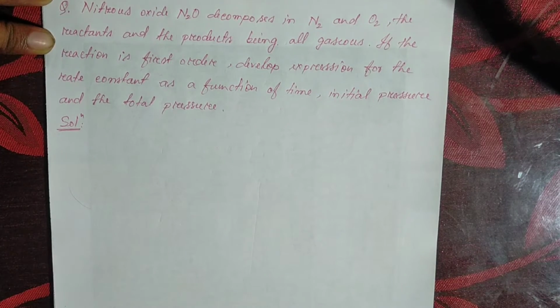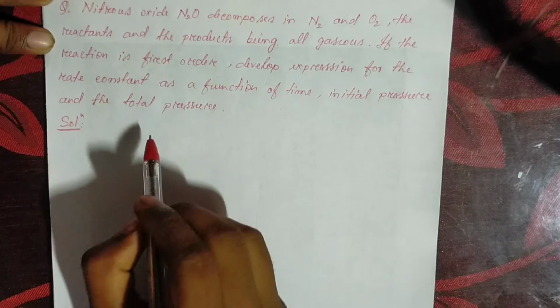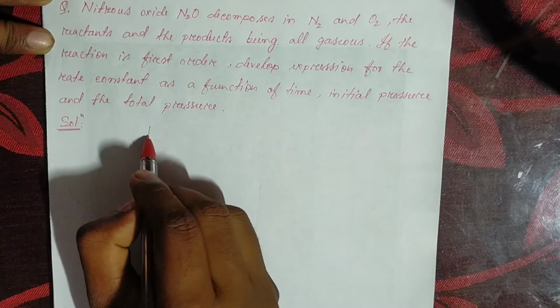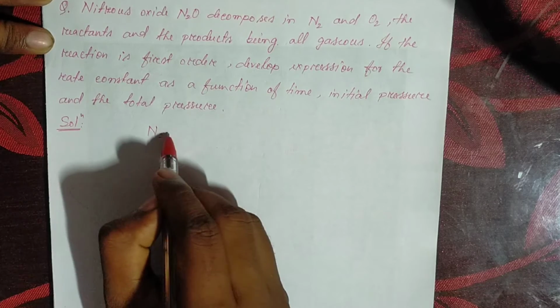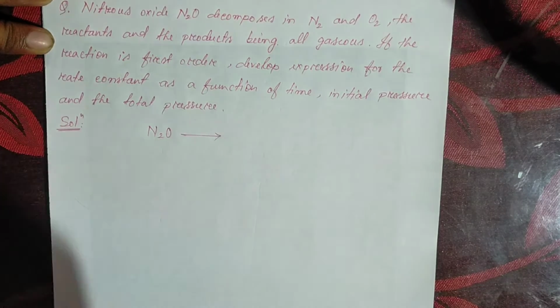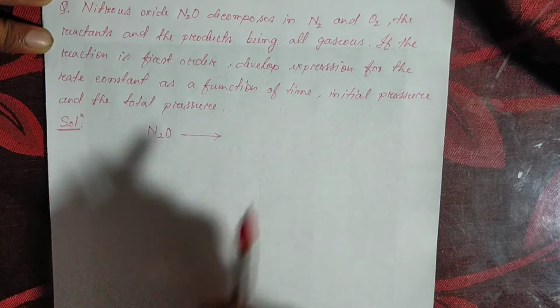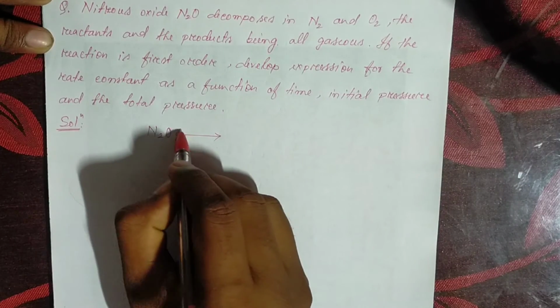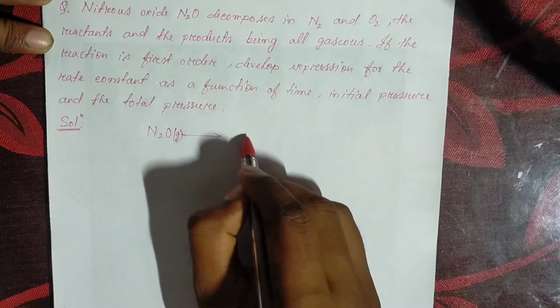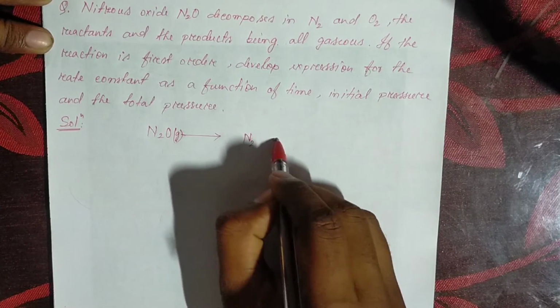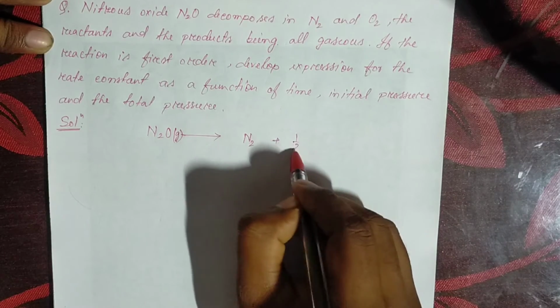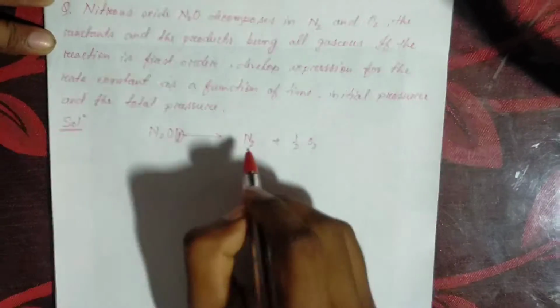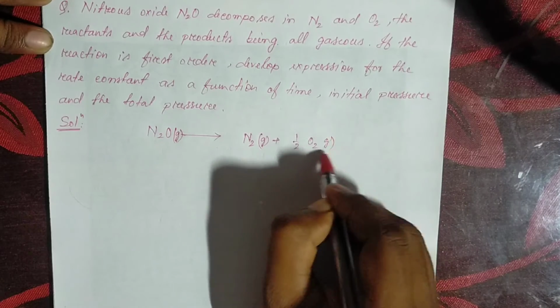So we are going to evaluate an equation in terms of time, initial pressure and total pressure. So first of all, we have to know the reaction, how it decomposes. It is a gas, then it will decompose to N2 and half of O2. It is also gas.